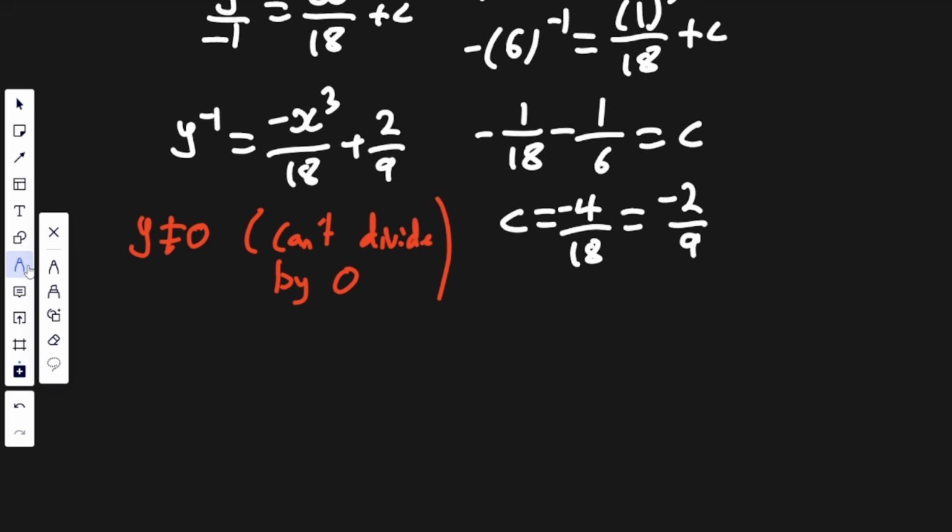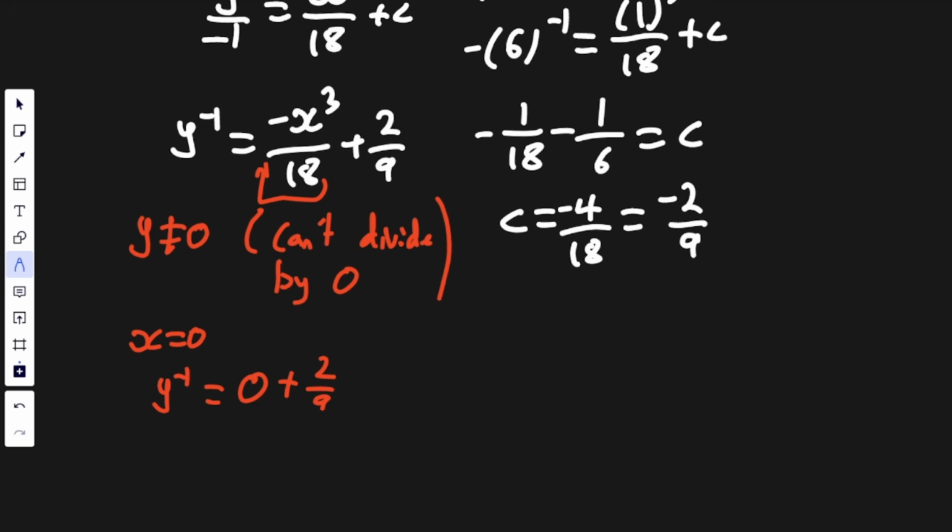So, what about when x equals 0? Well, here we get y to the minus 1 equals, well, this here is going to be 0 plus 2 over 9. And that's going to give us y to the minus 1 equals 2 over 9, taking the negative power on both sides to give us just positive y to the 1.